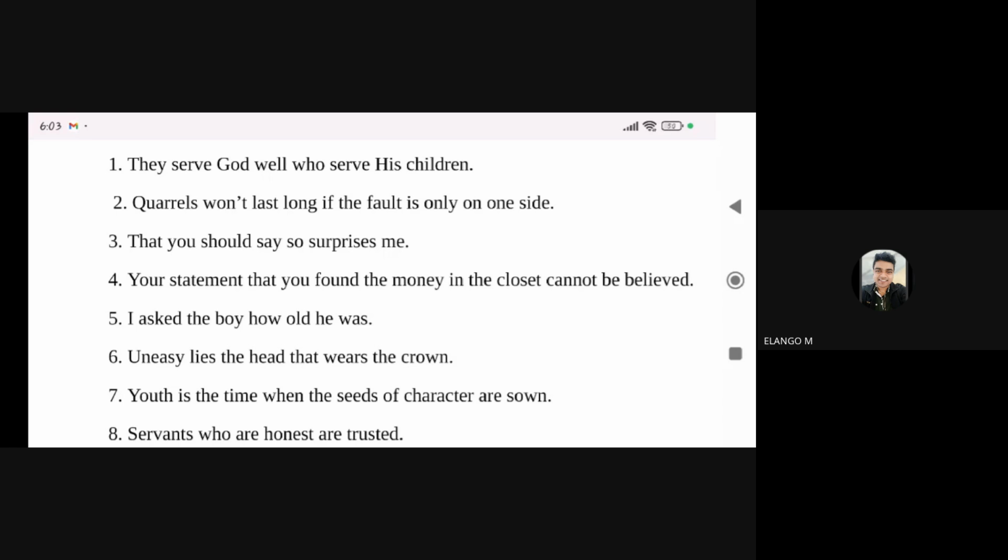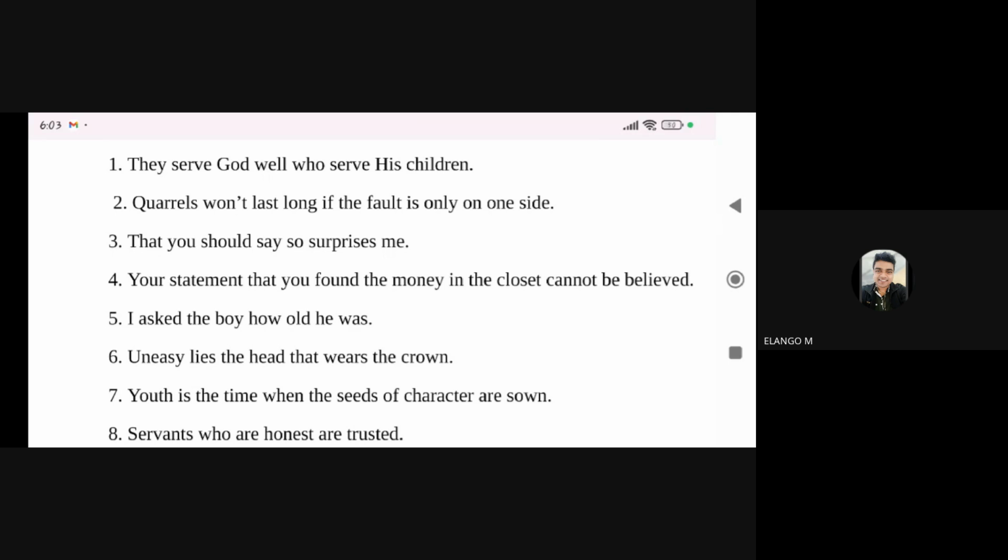Okay, correct. But this is also what you refer to as just an additional piece of information. Particularly in writing in English, you call this a dangling modifier or a misplaced modifier. Ideally, if you're looking at the structural accuracy of the sentence, then you should have said, they who serve his children serve God well.